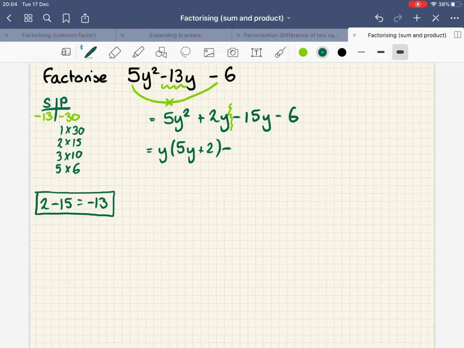Common factor of 15 and 6 is going to be 3. So that'll be 5y plus 2, because remember, got a negative here. I've already got a negative on the outside, so a negative times that positive will remain as a negative. And my 2 brackets are the same, which is good. So I've now got 5y plus 2, then y minus 3.